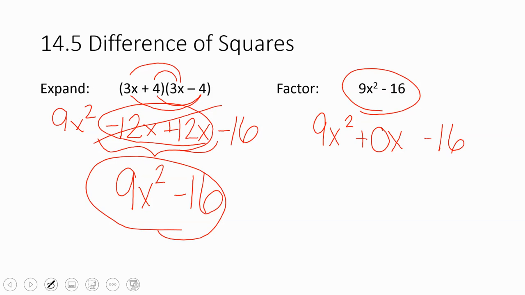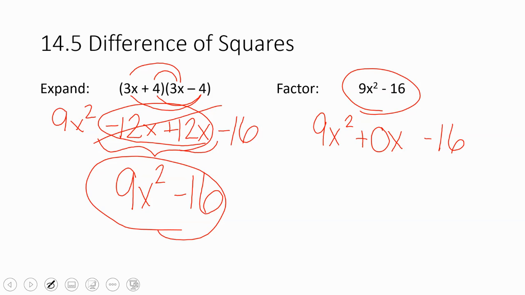So now what this is saying is I need factors of negative 16 that are going to add to give me 0. Well, the factors of negative 16 that add to give me 0 are positive 4 and negative 4.